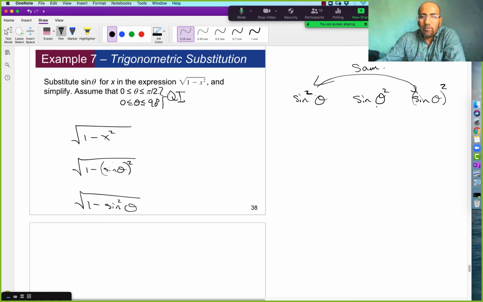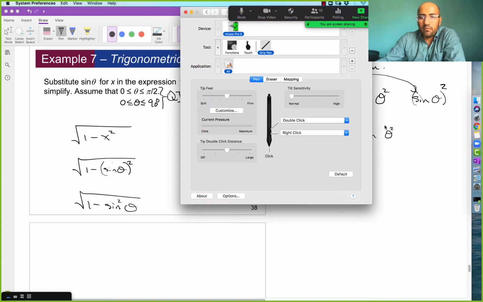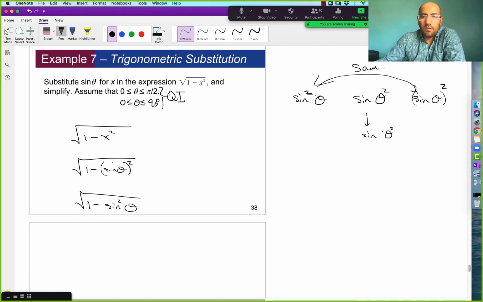But with this one, you have to be careful because they really could mean that you want to square the theta first. At any rate, this one means this.